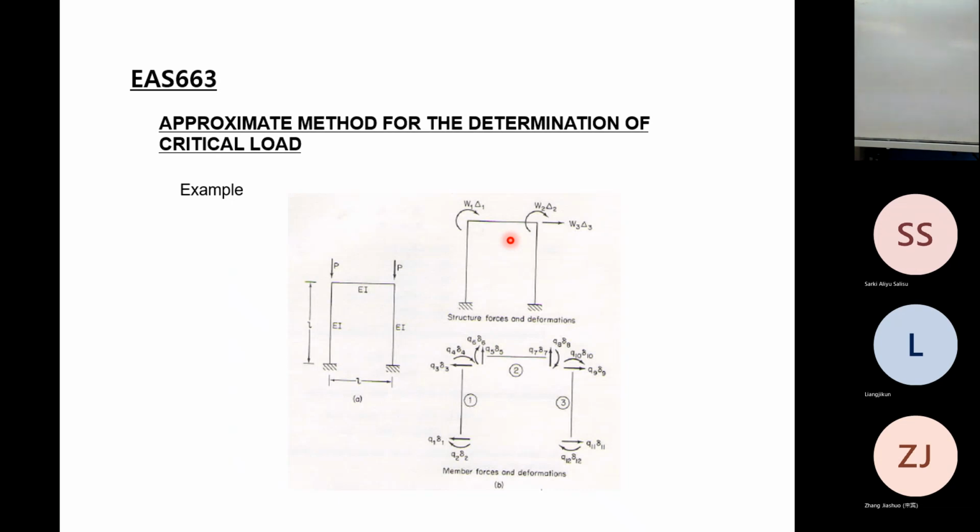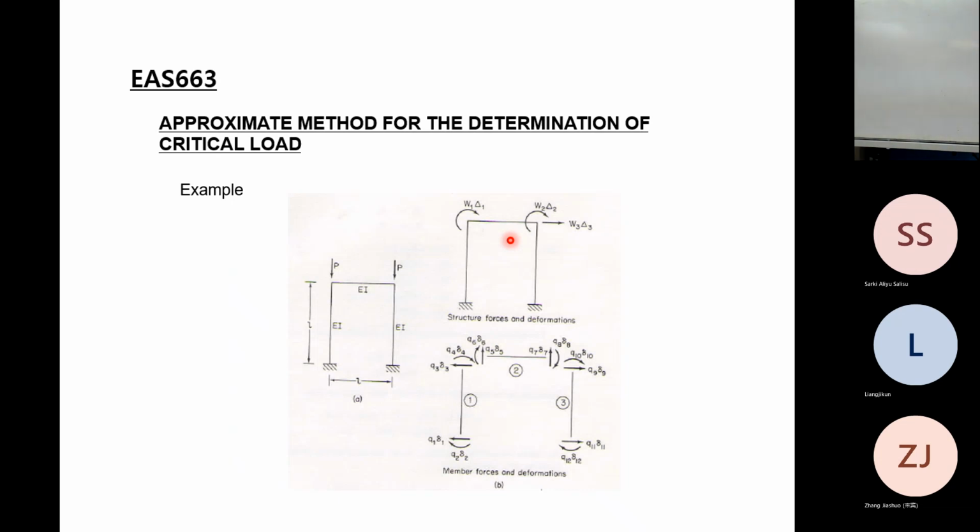Then I also mentioned the structure displacement at structure level. When we break them into elements, we can have more than one here, two, but we use only one to show the process.